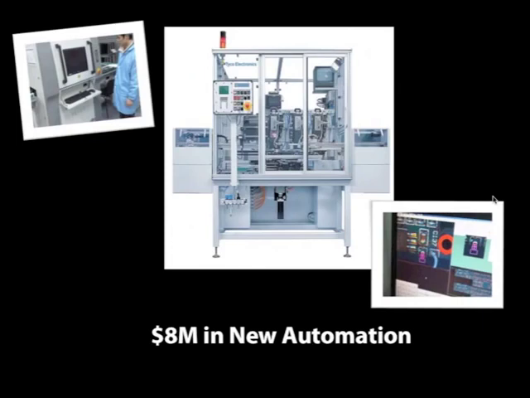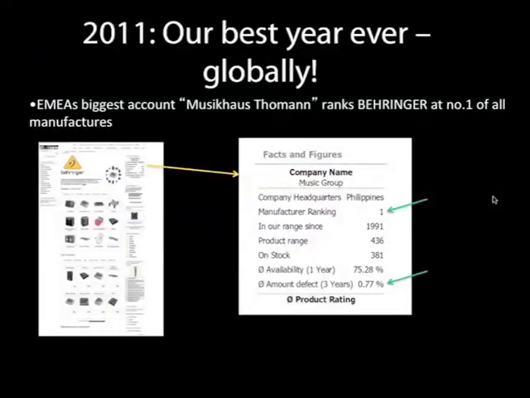So with this $20 million investment, with better machinery and better testing capabilities, the good news is that not only are we able to manufacture at Midas quality, but also the quality of Behringer products came way up as a result of it. And we were basically able to say, hey, our products have really significantly improved, and we can now offer a 3-year warranty.